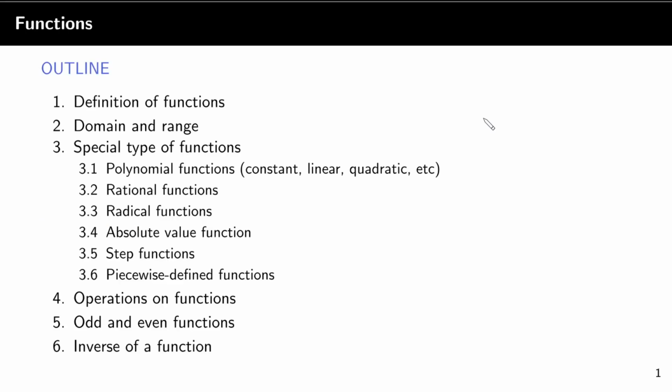So ito yung first lesson natin which is about functions. So basically, i-review lang natin yung mga malamang ay natutunan na ninyo noong senior high school tungkol sa functions. So, i-discuss natin, i-recall natin yung definition ng functions, tsaka domain and range, and then i-discuss din natin yung ilang mga special types of functions na madalas ay may encounter natin.